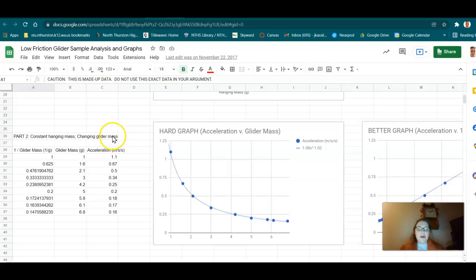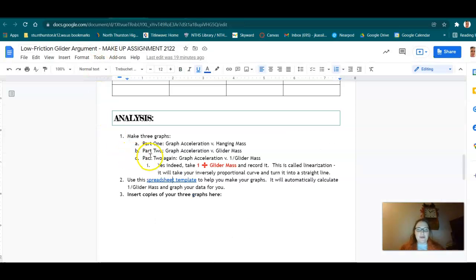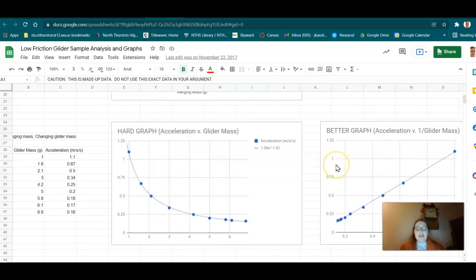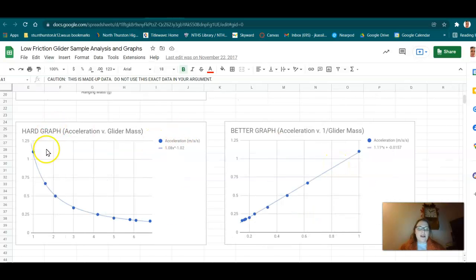For part 2, you'll see there were 2 steps requested in your lab instructions. Graph acceleration versus glider mass. And then do it again, but this time do acceleration versus 1 divided by the glider mass. Okay. So you'll get 2 graphs. One that should be a curve, which is difficult to analyze, and one that is now linear.